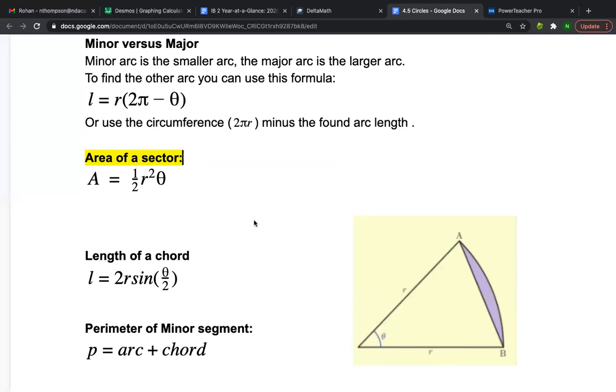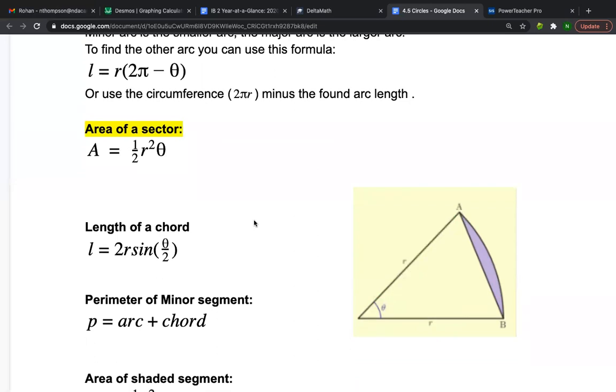Okay. The next one is the length of a chord. A chord is the straight line from A to B. This formula is not on your formula sheet. This is a faster formula, but if you think I can't memorize another formula, then keep in mind that this just makes a triangle. If I look at this shape here without the purple shaded region, then it's just a triangle. We know how to find the length of that because we can use cosine rule.